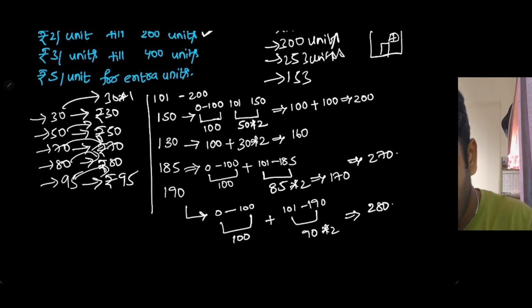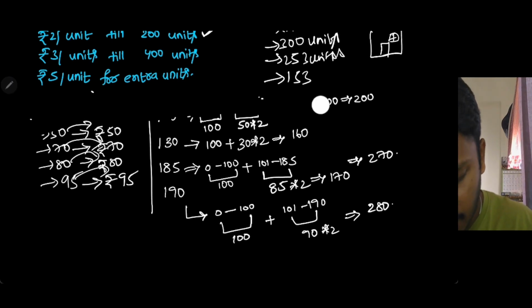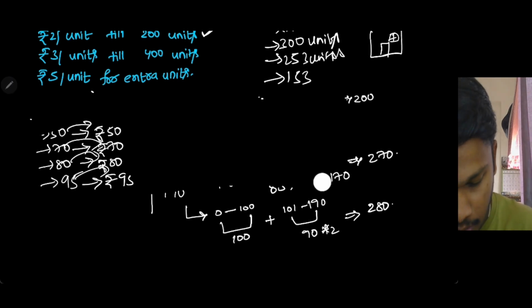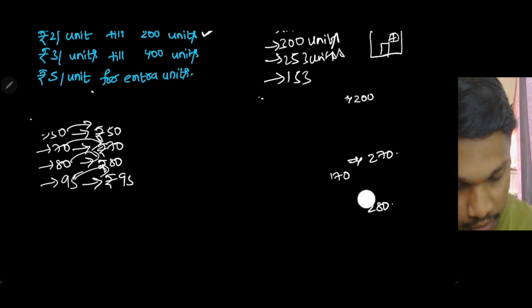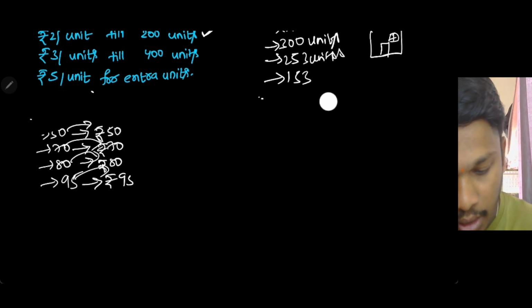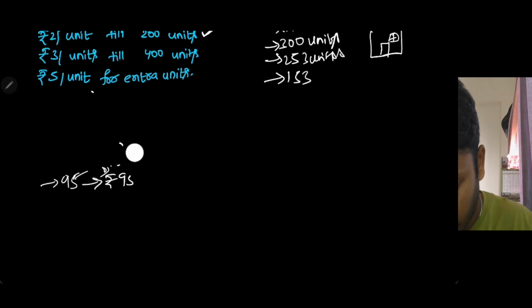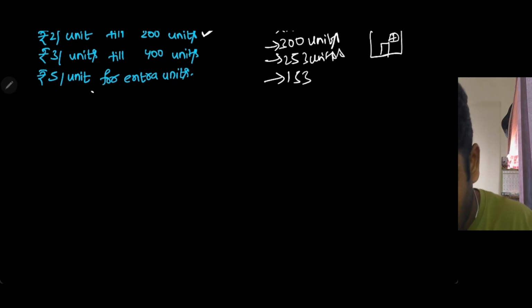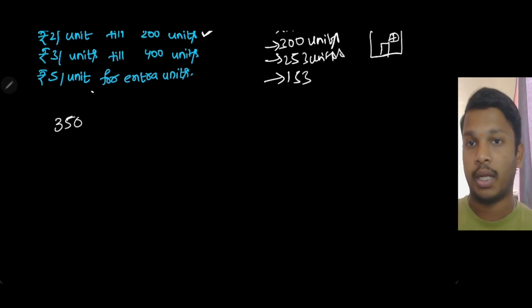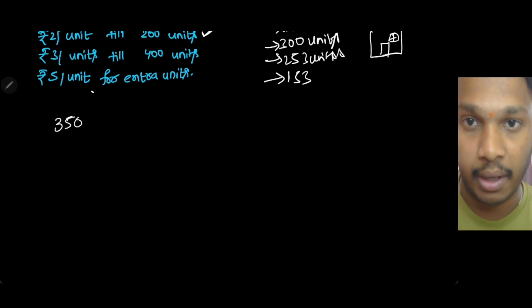Now observe carefully. If the bill is between 200 to 400 units, for example 350 units, understand this very carefully.